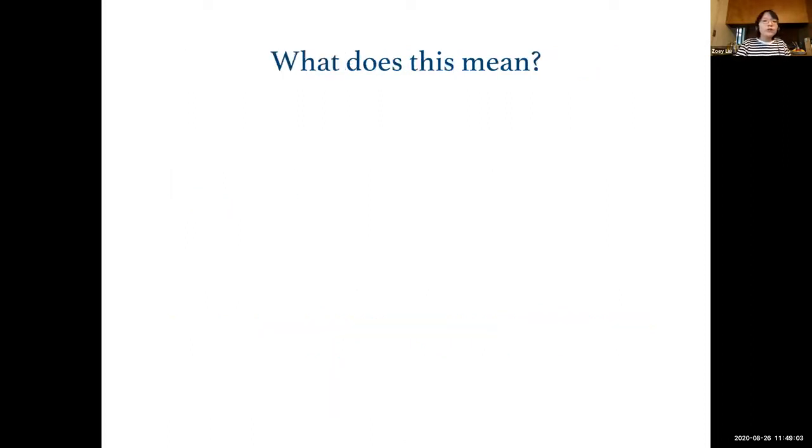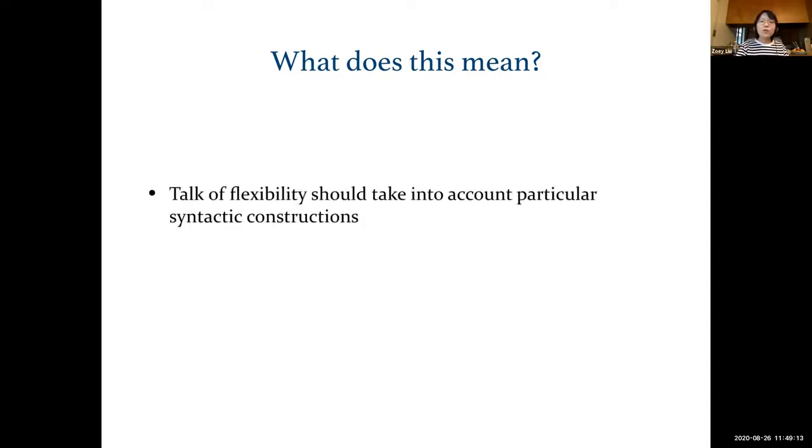So what do all of these number countings mean? I think it means three things in particular, among everything else. Whenever we're talking about flexibility, as I have mentioned repeatedly, we should take into account particular syntactic constructions and not just look at the order of major constituents.